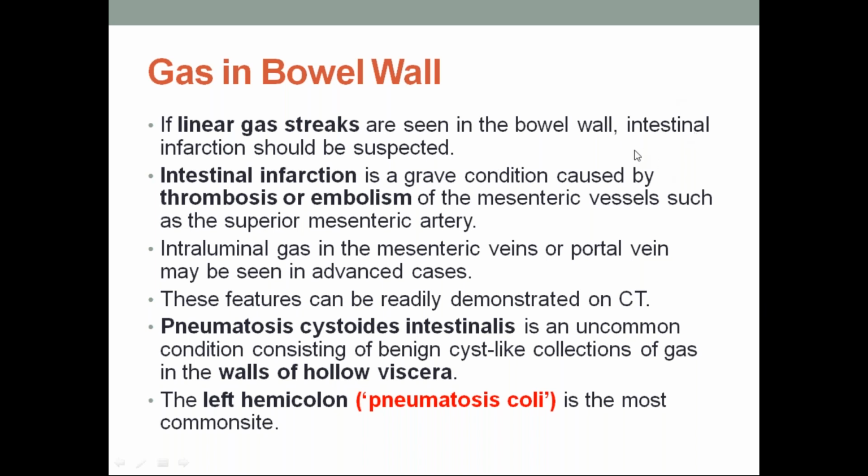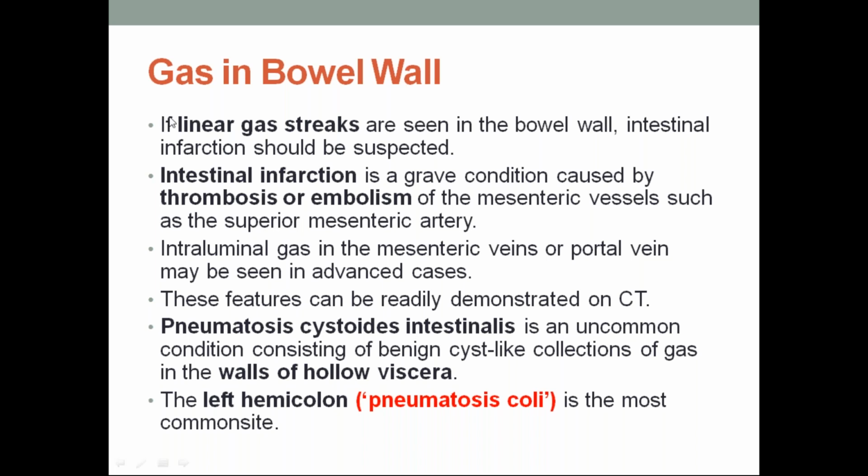Please note that mostly during intestinal infarction, if there is any loss of blood supply to the bowel, there will be linear gas streaks in the bowel wall. It should be suspected most of the times. If we find any pneumatosis, that is gas within the bowel wall, we have to think of intestinal infarction.